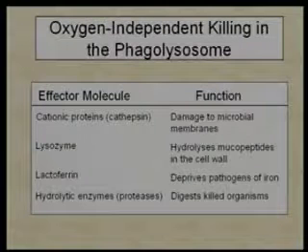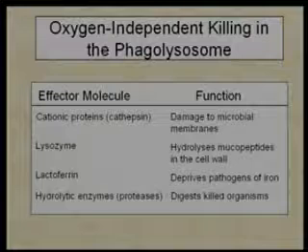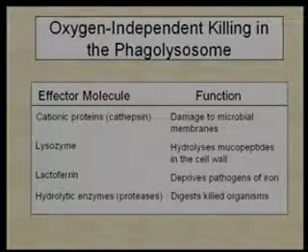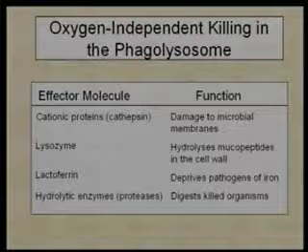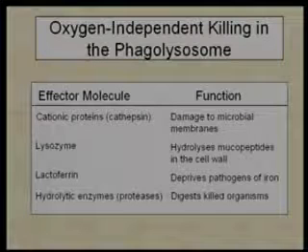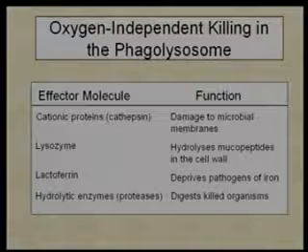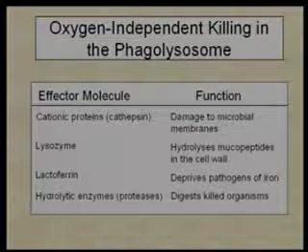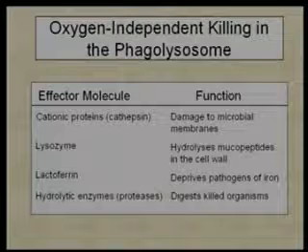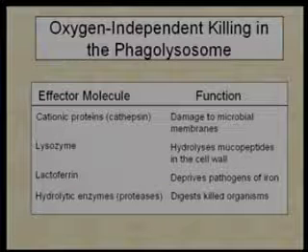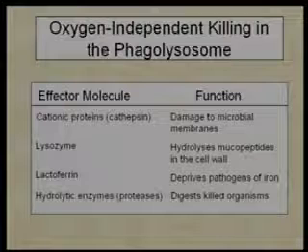In addition to the oxygen-dependent killing, whether they're dependent on myeloperoxidase or not, there's also oxygen-independent killing. Many of the other components of those granules have direct microbial activity, so antimicrobial activity. Those cationic proteins damage the microbial membranes.